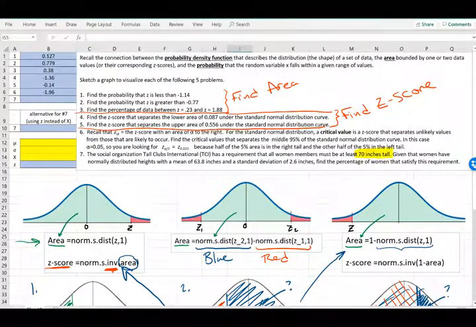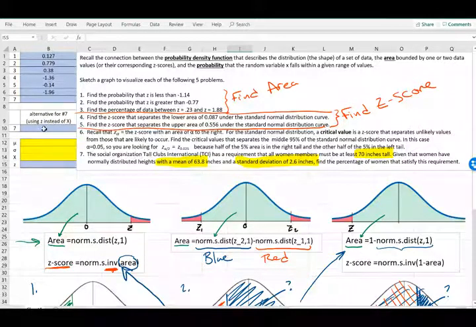Given that women have normally distributed heights with a mean of 63.8 and a standard deviation of 2.6, find the percentage of women that satisfy this height requirement.